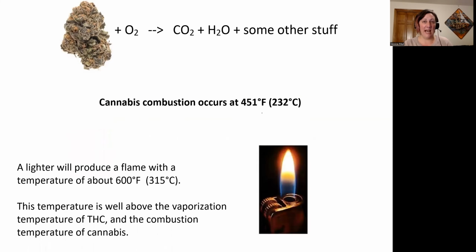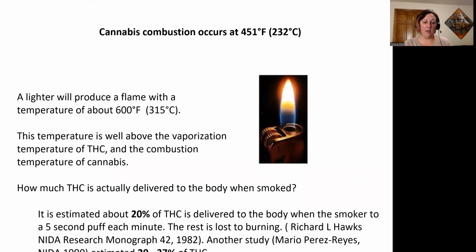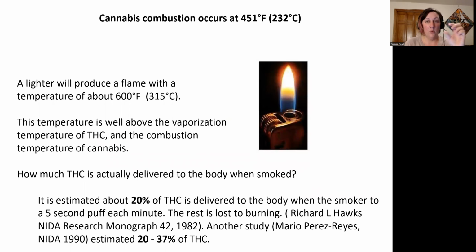So think about what is happening when we are combusting cannabis, when we are smoking it as a rolled joint or as a bong hit, where you're applying a flame to a dried plant material and it is creating an ember, right? And you see the smoke come up. Well, a lighter is going to produce a flame around 600 degrees Fahrenheit or 315 degrees Celsius.